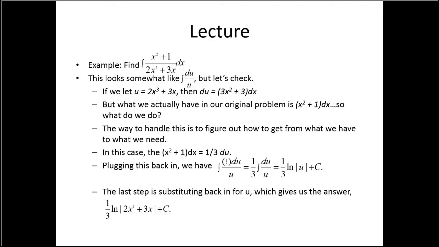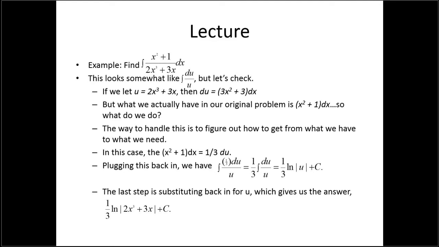Okay, which is great, but we have in our problem x squared plus 1. So what we need to do is figure out how do we get from what we have, which is x squared plus 1, to what we need, which is 3x squared plus 3. In this case, what we have is 1/3 of what we need.